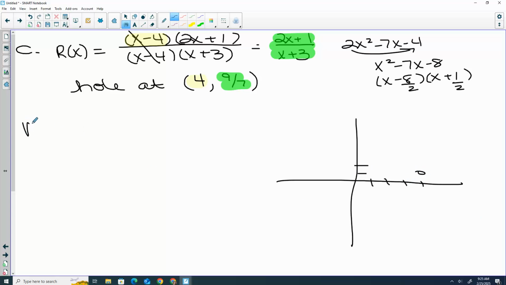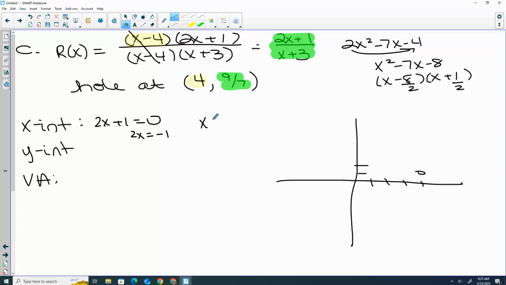So now, the rest of my information is based off that fraction highlighted in green, our reduced one. X-intercept is when the top is 0. So that means 2x equals -1, so x is -1/2. So we plot that on our graph. Y-intercept is when you put in 0 for all of your x's.